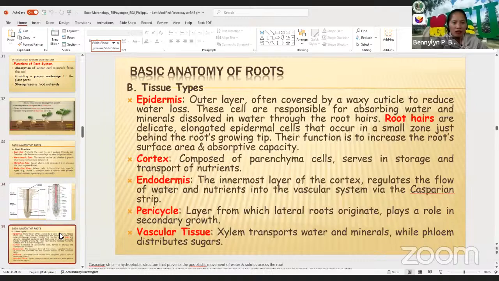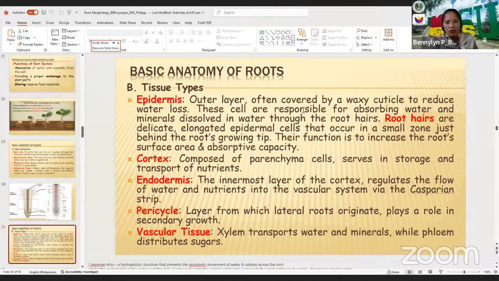Okay, moving on to the tissue types, we have the epidermis, cortex, endodermis, and pericycle, as well as the vascular tissue. The epidermis is the outer layer, often covered by a waxy cuticle to reduce water loss.